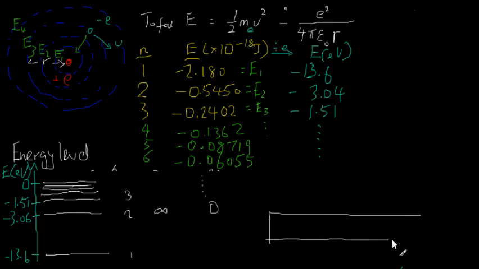If we recall the line spectrum for hydrogen, it sort of looks like this, with a red line, a light blue line, a blue line, and a darker blue line.